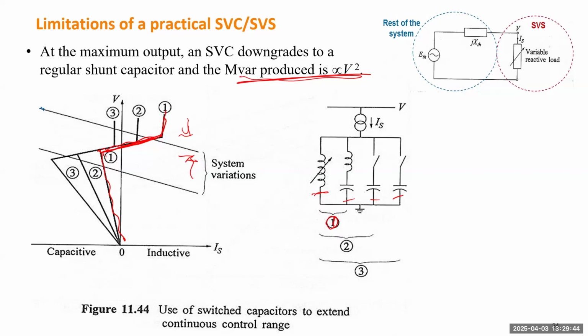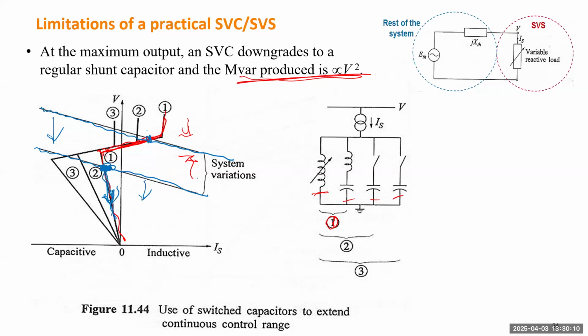The system condition will intersect with this SVC characteristic. That will be the operating point. When the system loading increases, the voltage drops, maybe to this line, right? So that line will intersect with the SVC at this point.